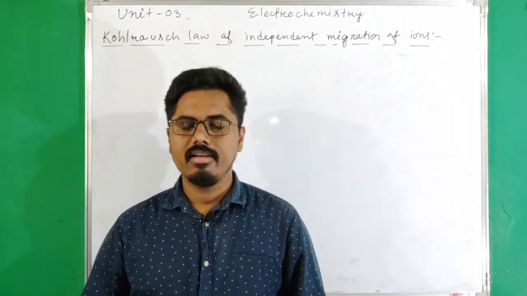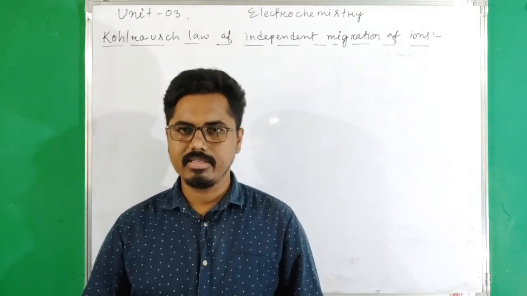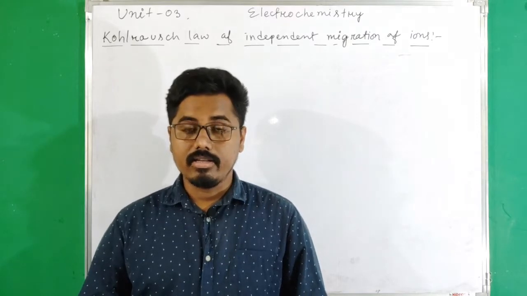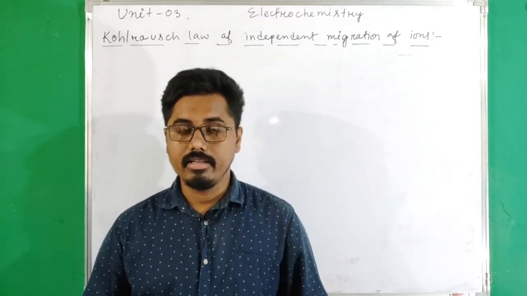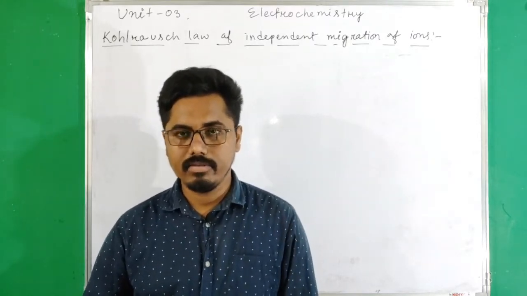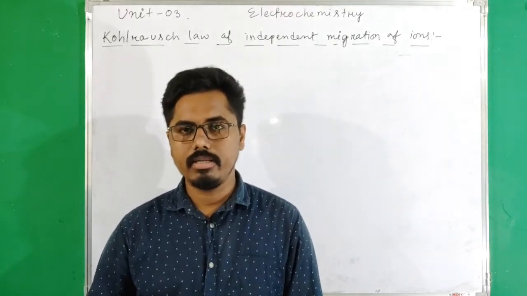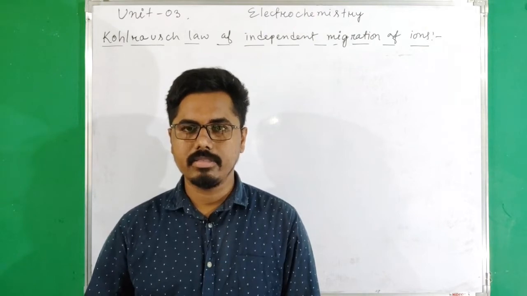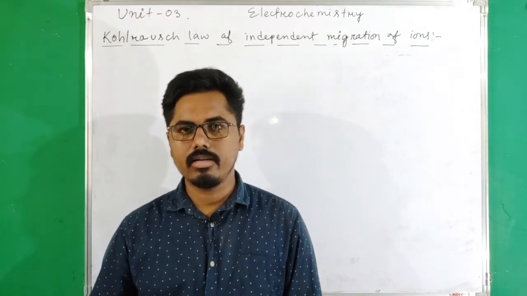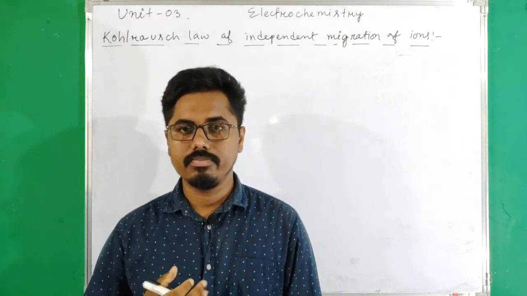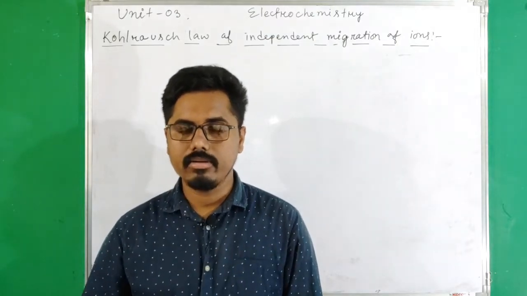Hello students, in our last class we discussed conductance of electrolytic solution, including specific conductivity, molar conductivity, and the variation of specific conductivity and molar conductivity for both strong and weak electrolytes.